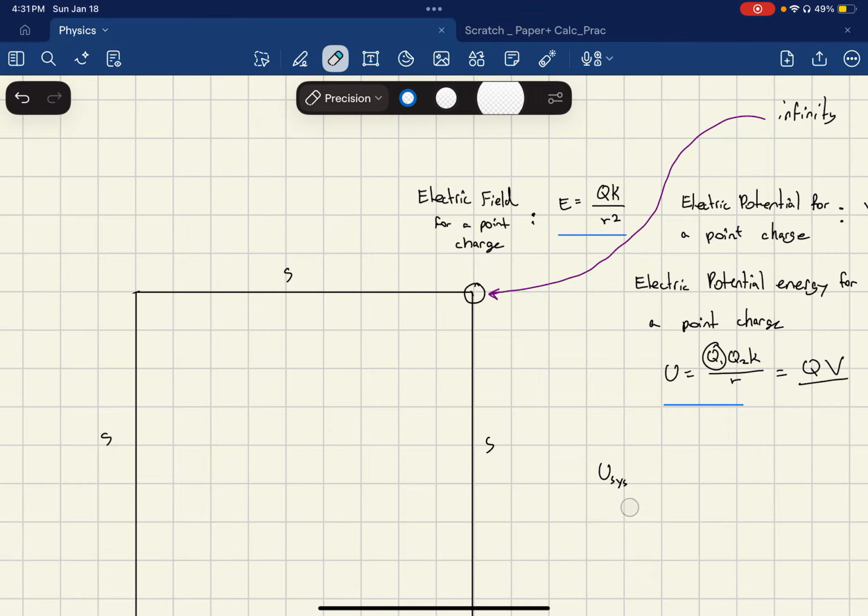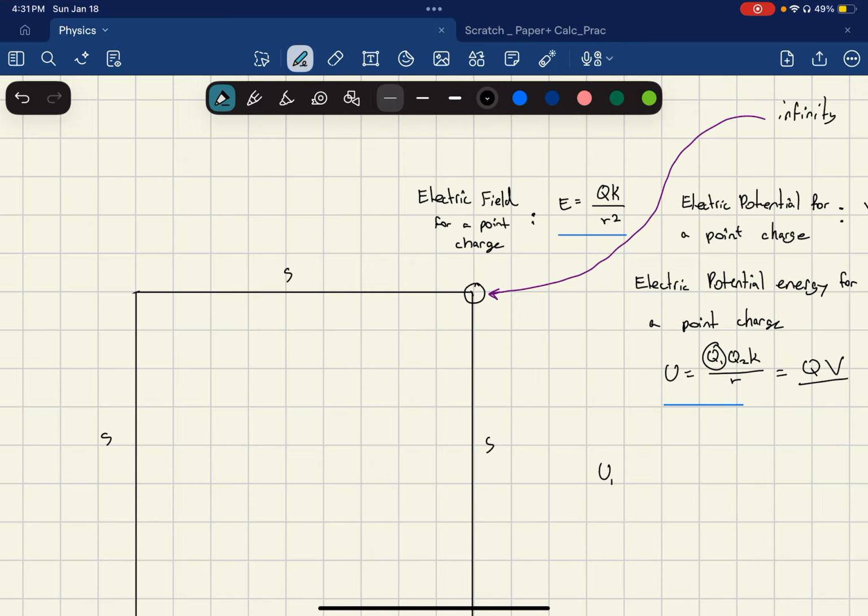Actually, we'll just start with the potential energy of the first charge. Did it take energy for me to bring this particle from infinity to here? No, it actually did not take any energy. I'm not fighting against any other force, any of the charges or any of the fields. I'm just simply pushing a charged particle in this direction from infinity to where it is right here. So right now, the potential energy of the first charge is 0.